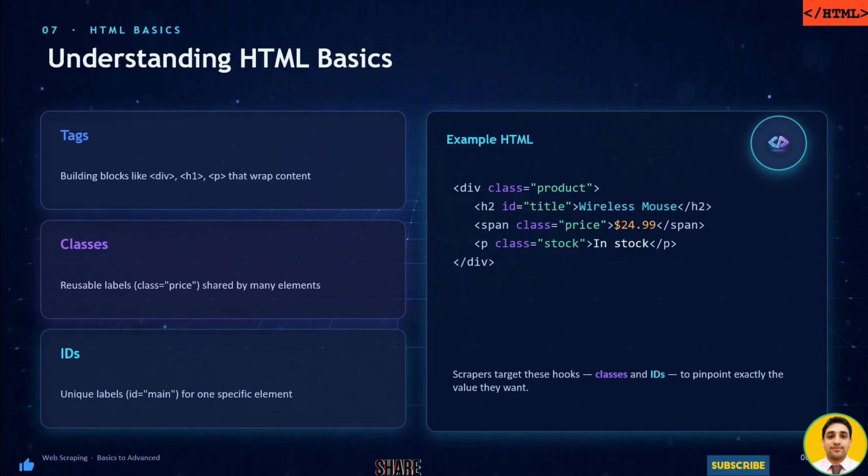For example, a product section may contain a title, price and stock information, each identified using tags, classes or IDs. Web scrapers use these identifiers to accurately locate and extract the desired data from a web page.